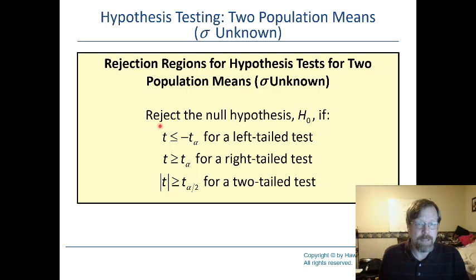So we're rejecting the null hypothesis for a left-tailed test if the t statistic is less than or equal to the negative critical t sub alpha, greater than or equal to t sub alpha for a right-tailed test, or the absolute value is greater than t sub alpha over 2 for a two-tailed test. So pretty much the same set of rejection criteria we talked about previously.